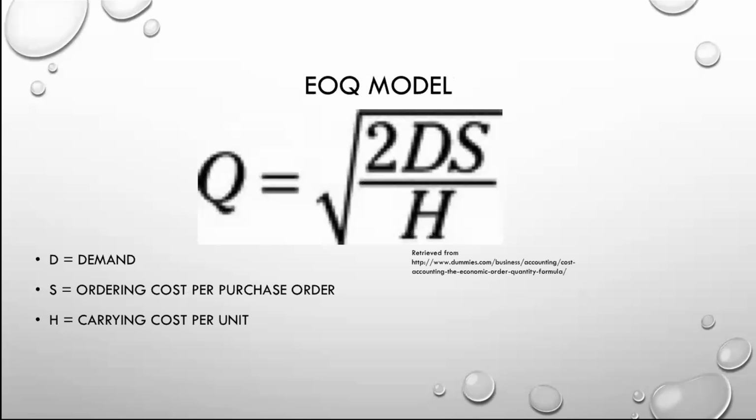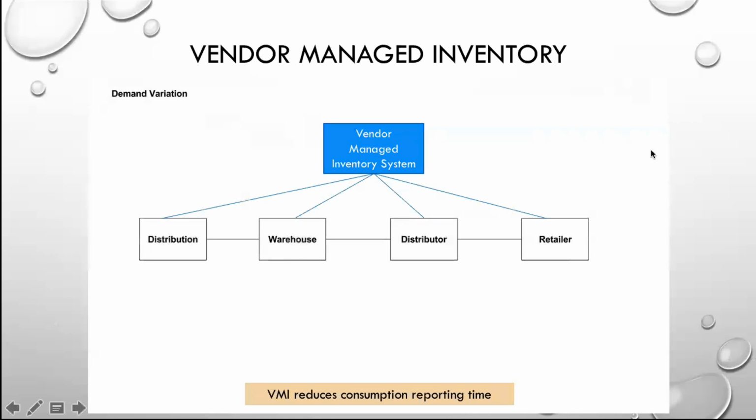So now the last thing I'm going to cover is VMI. VMI stands for Vendor Managed Inventory. And this is something that has become very popular with the advent of computer systems and ERP, enterprise resource planning systems.